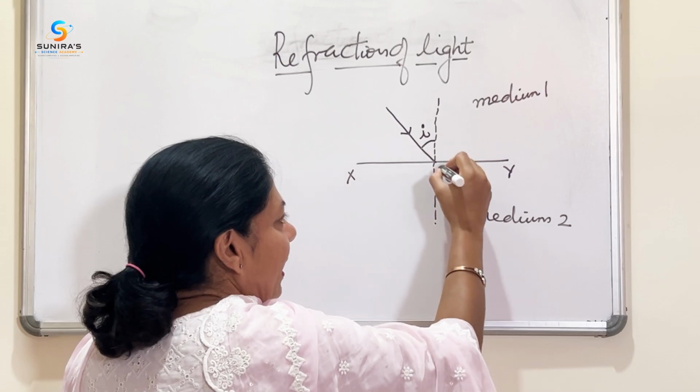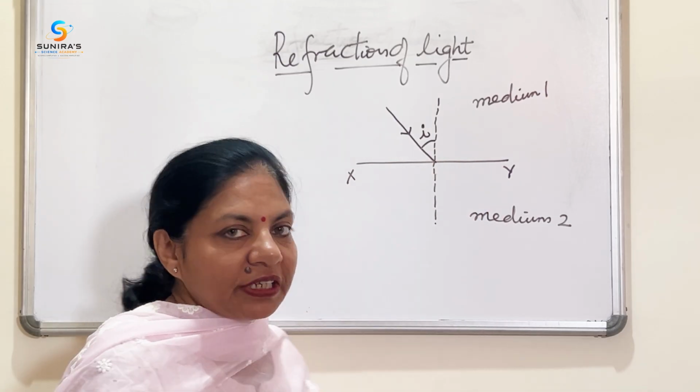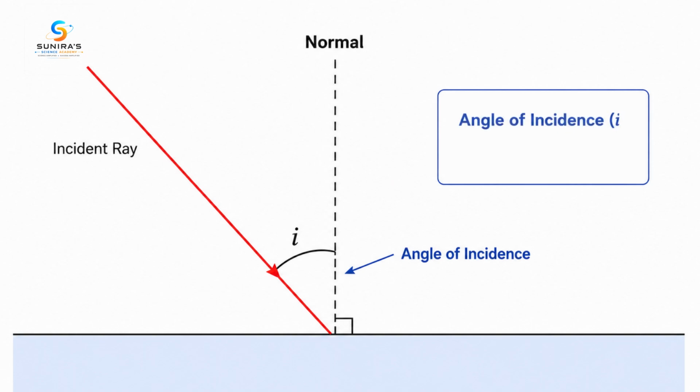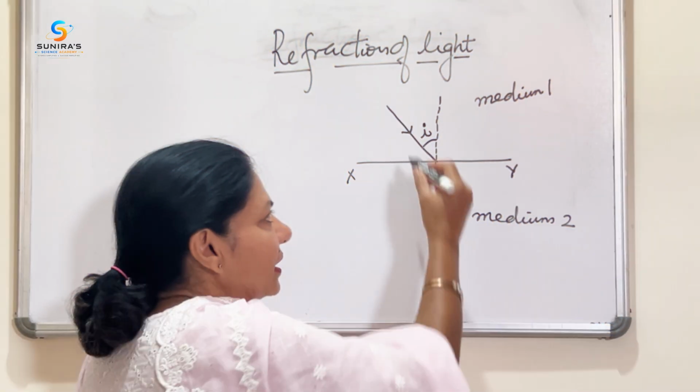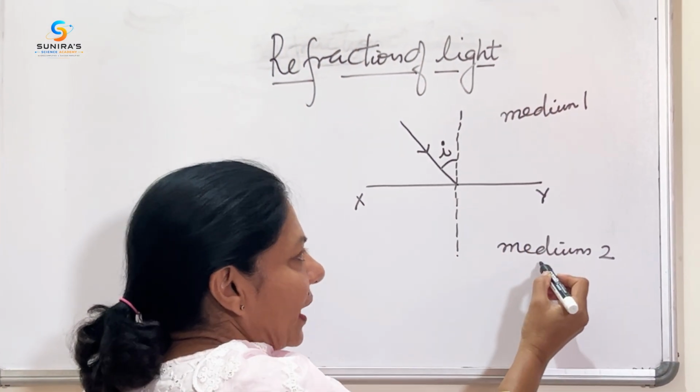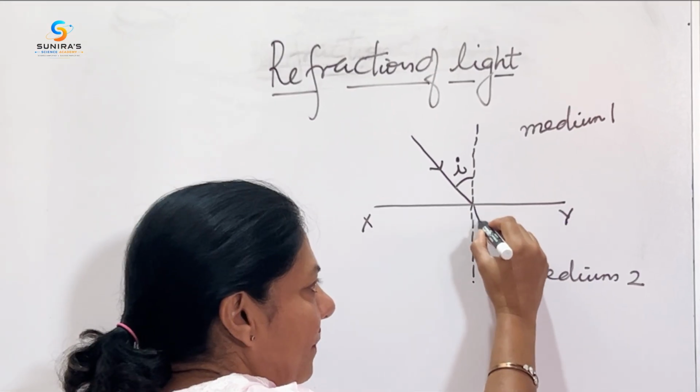The ray of light striking the surface obliquely means the angle of incidence is greater than 0 degree and less than 90 degree. When this ray goes from one transparent medium to another, it will bend.